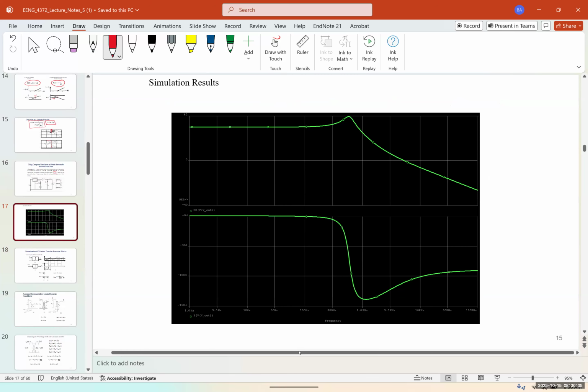You can see that from 1 hertz to 300 hertz we are at 0 dB, meaning it's not even functioning well. Then we have a sudden increase at 300 hertz, around 1 kilohertz, and it flattens out around 10 kilohertz. So around 100 kilohertz, you're going to have around negative 90 dB.